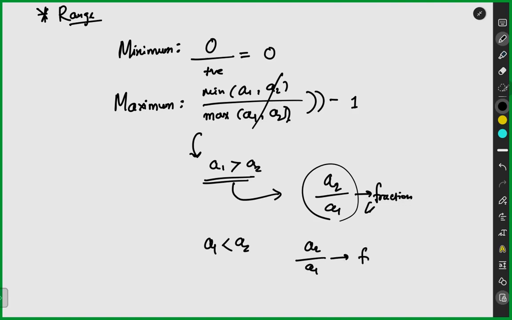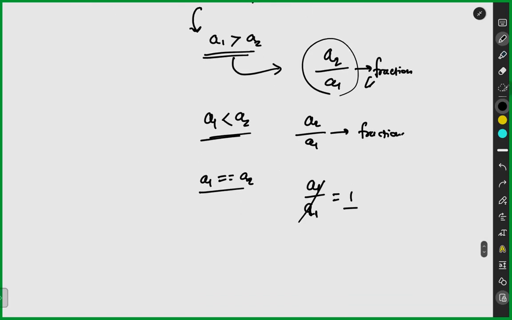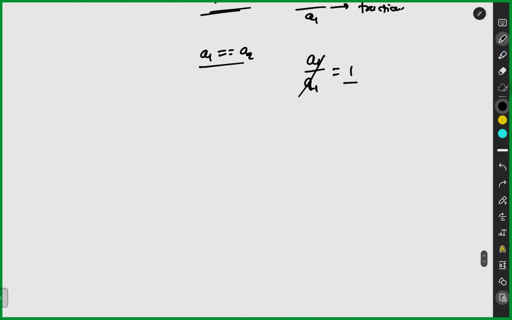And if A1 equals A2, it is A1 by A1, which equals 1. So the range is 0 to 1.